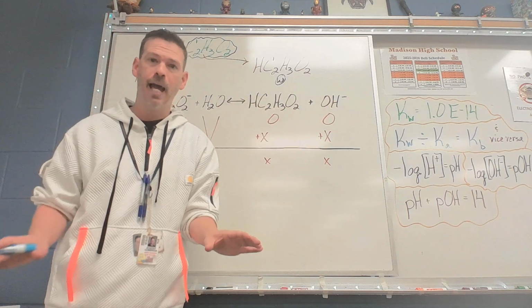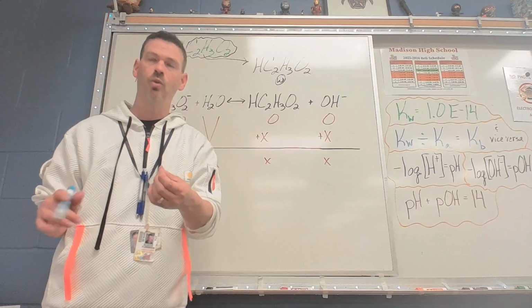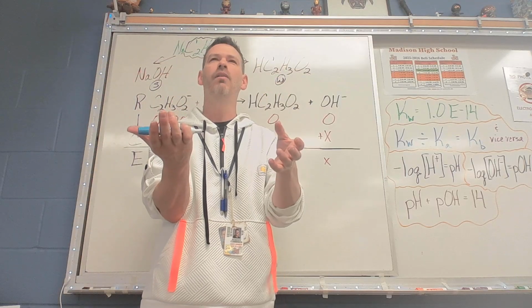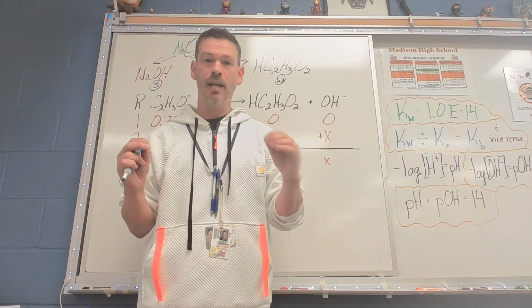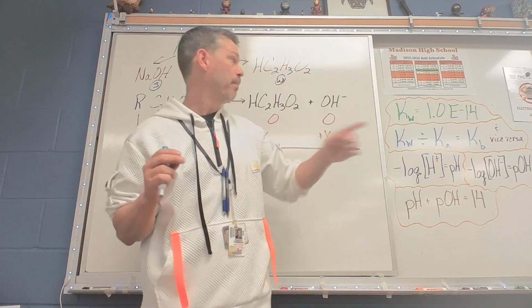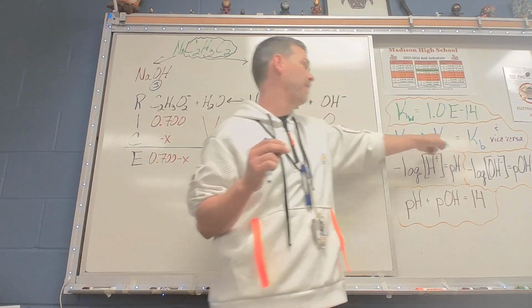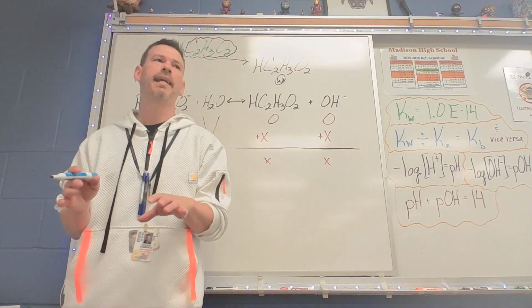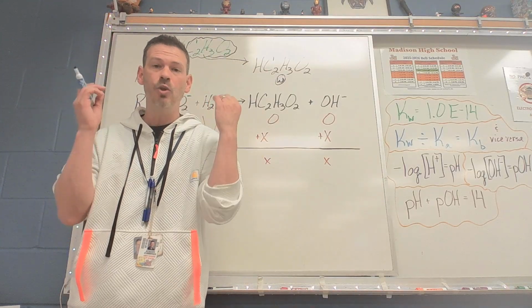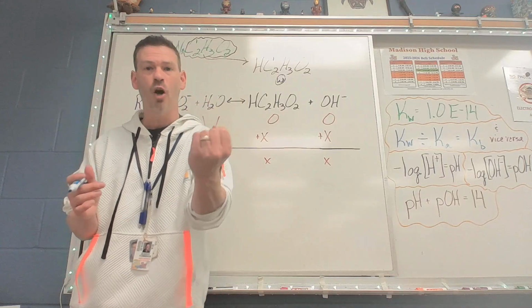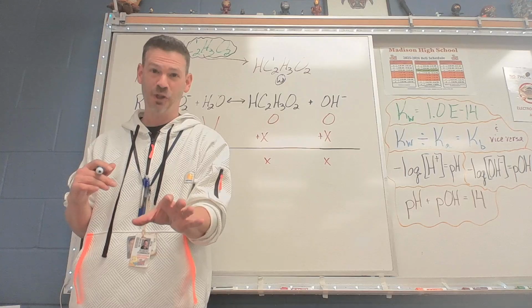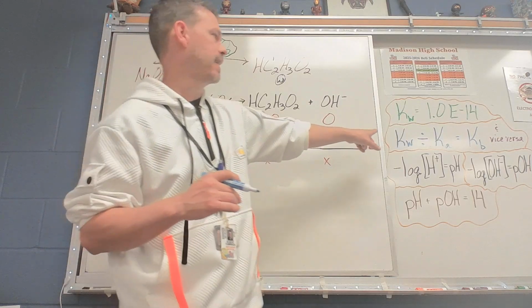This always happens when you're analyzing salt, where the K value they give you is the wrong one. They gave us Ka. We need Kb, but it's a very easy fix. And this isn't a moment where you're like, oh, well, I'm not going to know when I need to switch my Ka to Kb. You do right away. If you are doing hydrolysis, if they gave you salt instead of an acid or a base, you've got the wrong K for sure. So watch how I fix this right away.